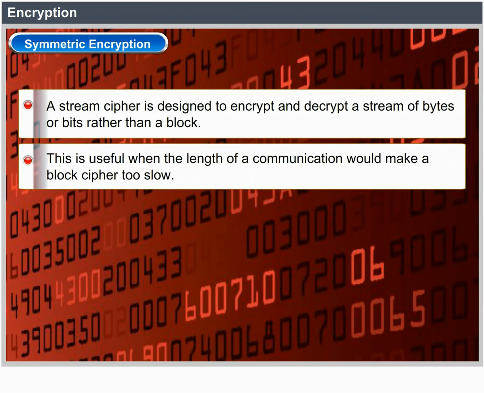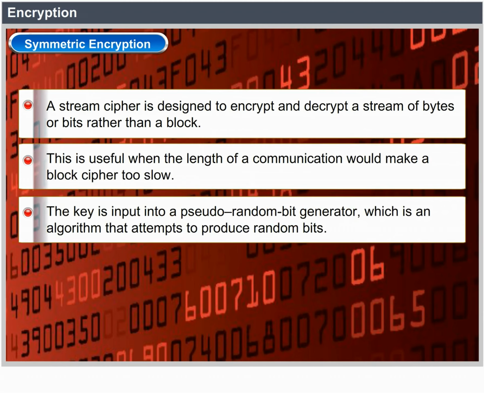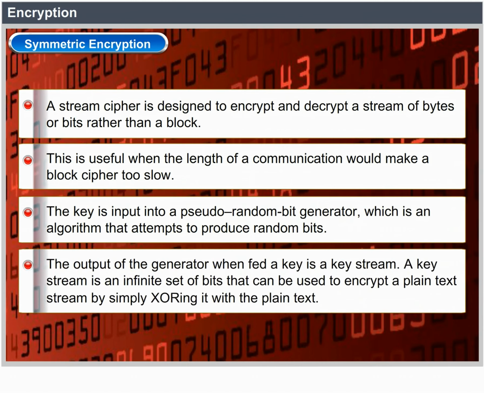The key is input into a pseudo-random bit generator, which is an algorithm that attempts to produce random bits. The output of the generator when fed a key is a key stream. A key stream is an infinite set of bits that can be used to encrypt a plain text stream by simply XORing it with the plain text.